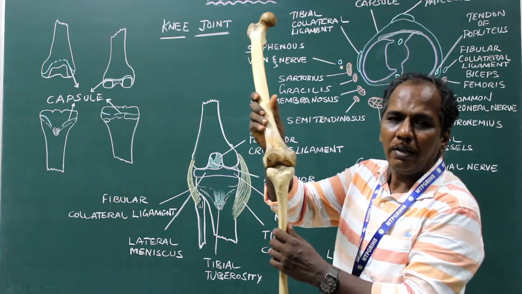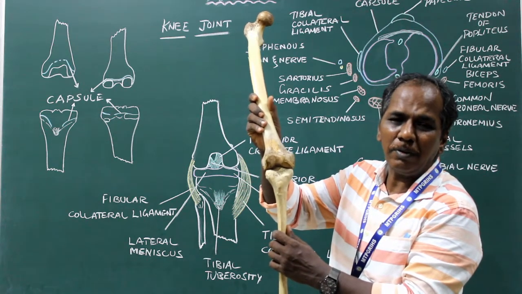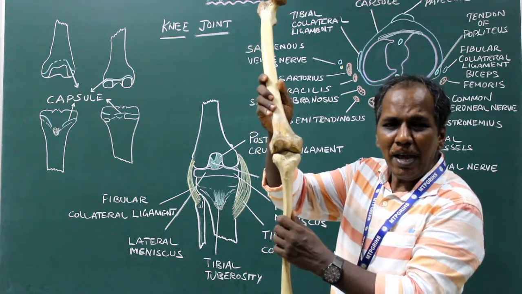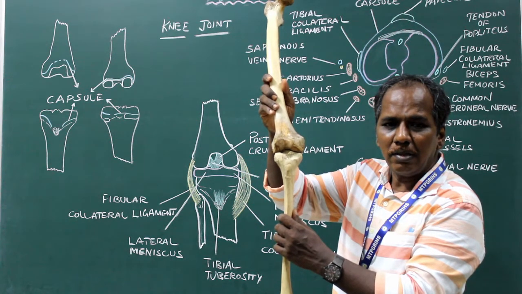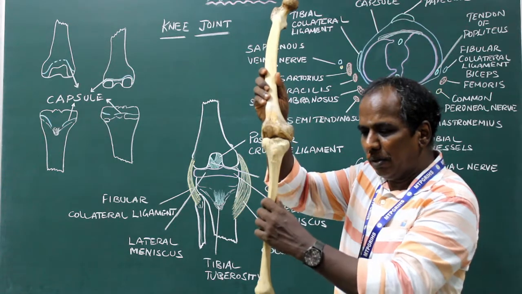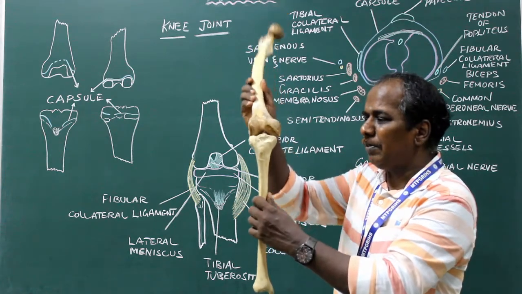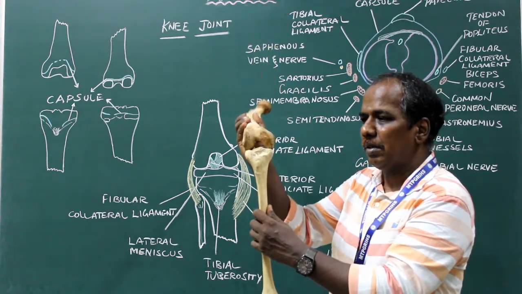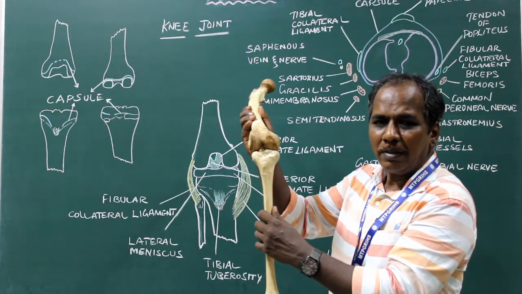Number 3, gastrocnemius. Number 4, plantaris. See, the gastrocnemius and plantaris flex the knee joint when the foot is on the ground. So now the person is standing, so flexion takes place like this. So flexion of the knee joint.